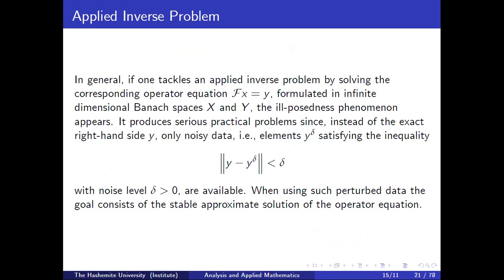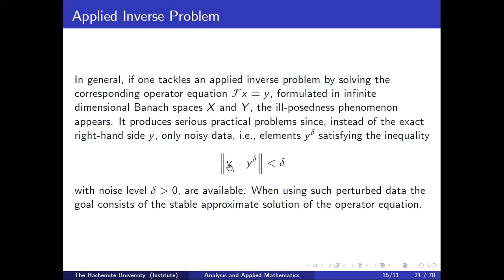So what we will focus on here is this problem. We have f(x) = y, y is given and we want to recover x. Now, y is given, but sometimes we don't have the exact values of y, and we measure the values of y using instruments, so we have some errors.